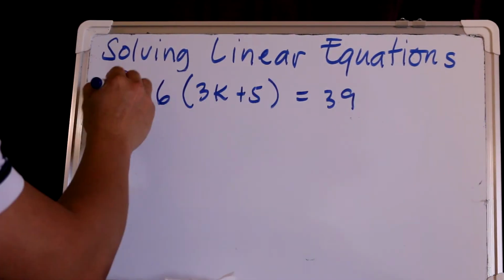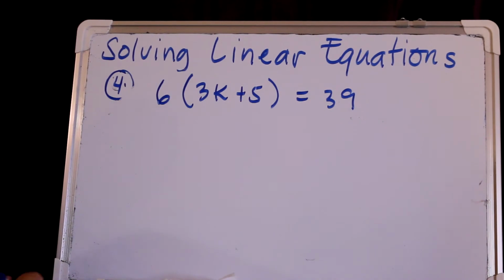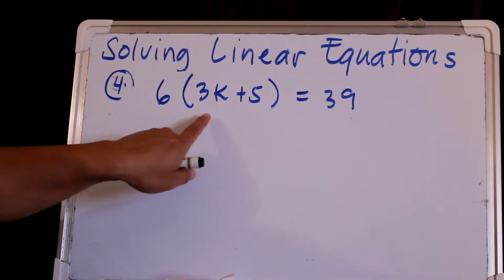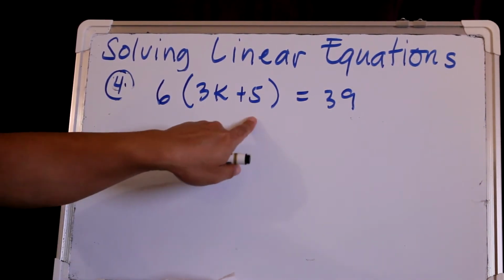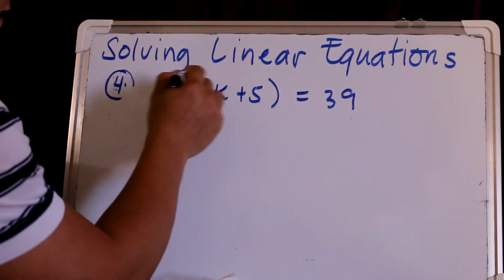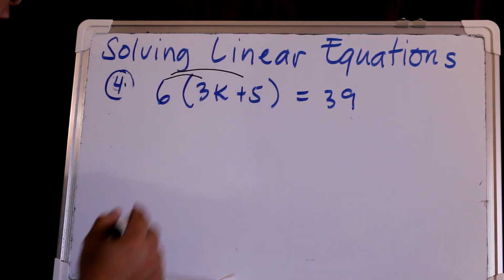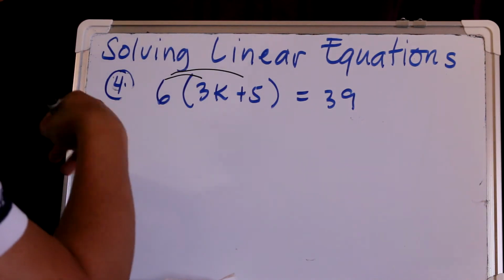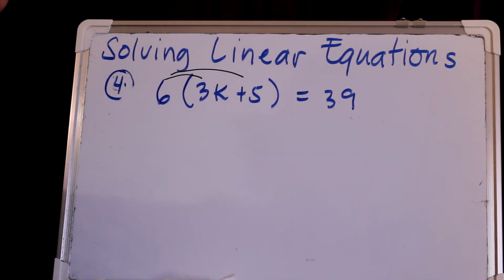In the fourth example, we have 6 being multiplied to 3k plus 5 equal to 39. So what we're going to do, we will apply the previous knowledge that we have. This is to be distributed that way. So we will simplify and then solve.